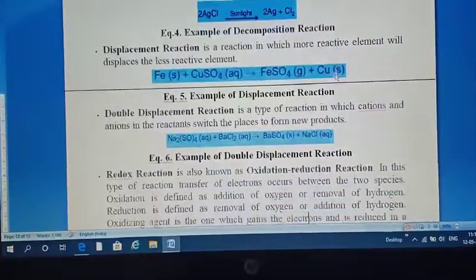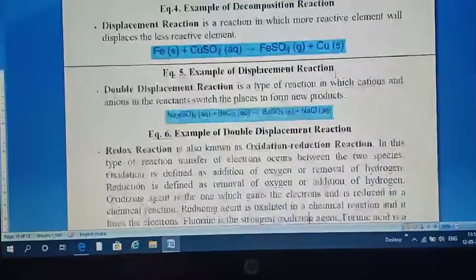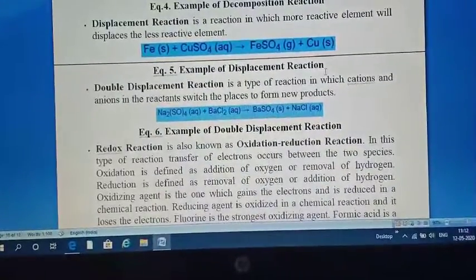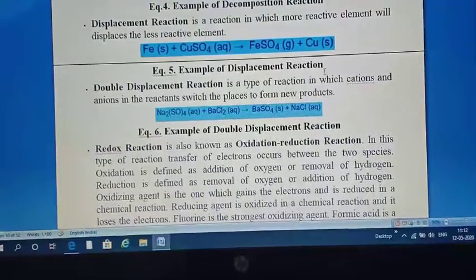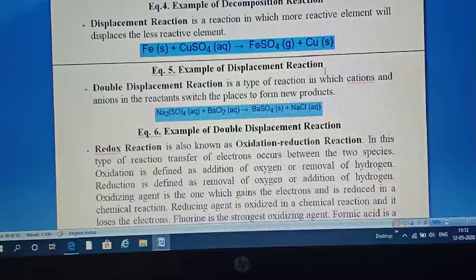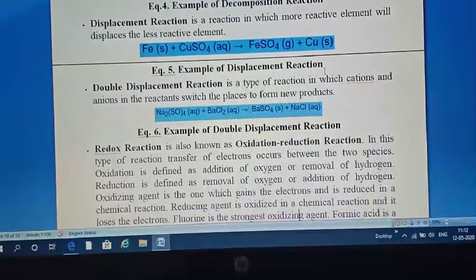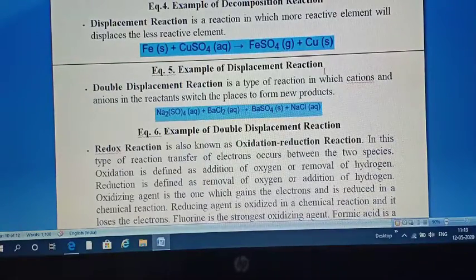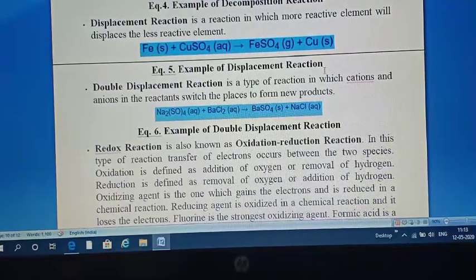The next type of reaction is the displacement reaction. In the displacement reaction, a highly active metal displaces a less active metal. Here you can see Na2SO4, sodium sulfate, reacting with barium chloride.